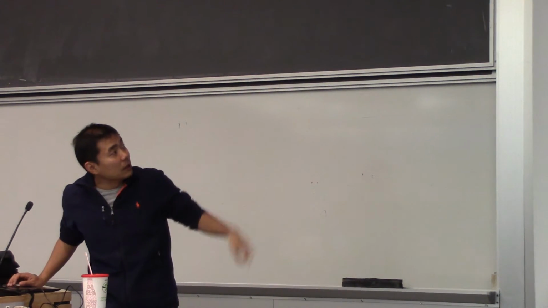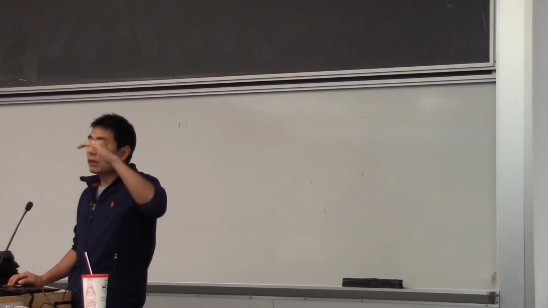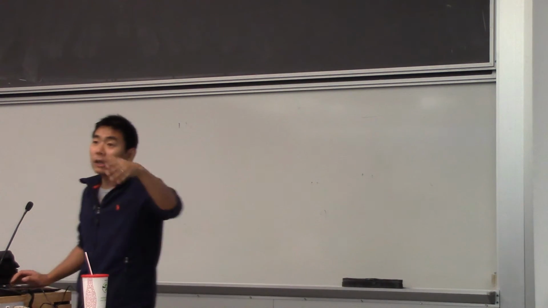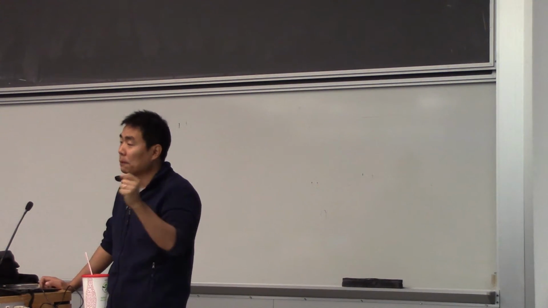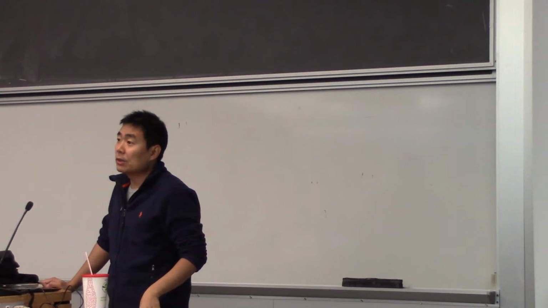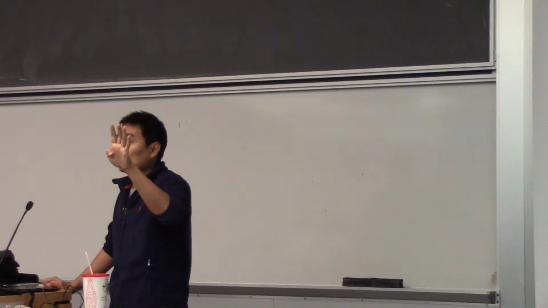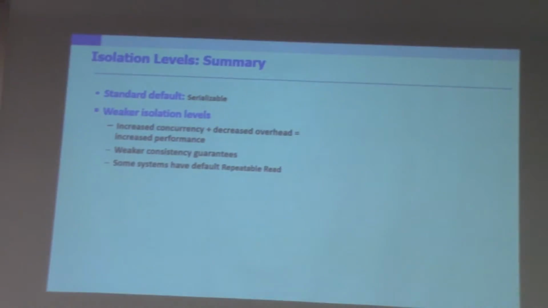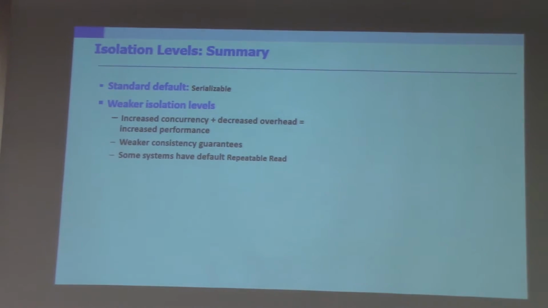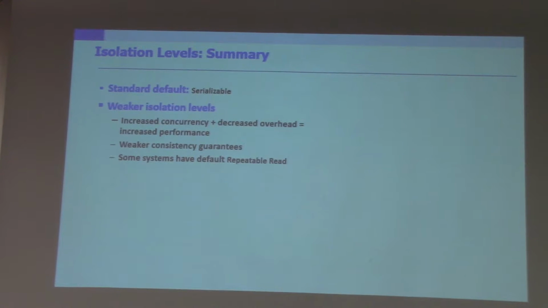So the standard is serializable isolation level, and in practice, people design different weaker isolation levels. We talked about repeatable read, but if you go to any commercial database engine, the industry standard is to have 4 different isolation levels. We covered the bottom 2 in terms of the level of isolation they can guarantee. Serializable is the strongest.